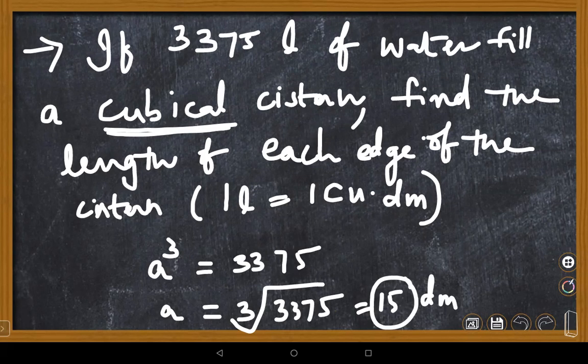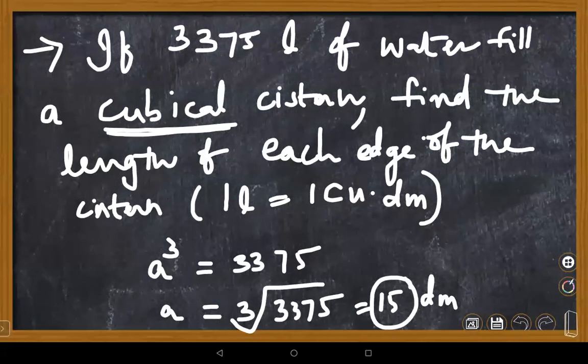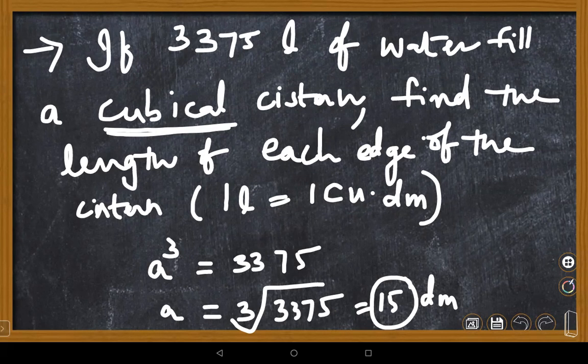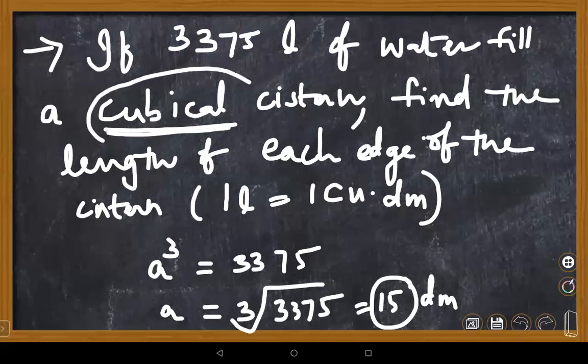What are they asking in the question, children? Find the length. That's all. Find the length of each edge of the cistern. Therefore, each edge of the cistern is 15 decimeters. In the question, some new terminology words are also given. You just take them as key points, keywords. Here, the keyword is cubical cistern, cubical vessel. That means volume.